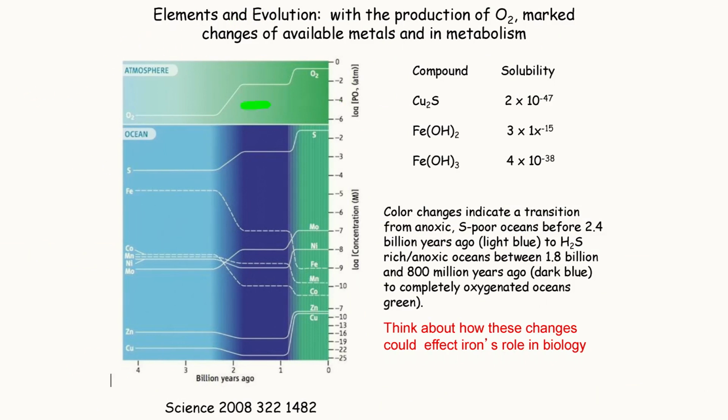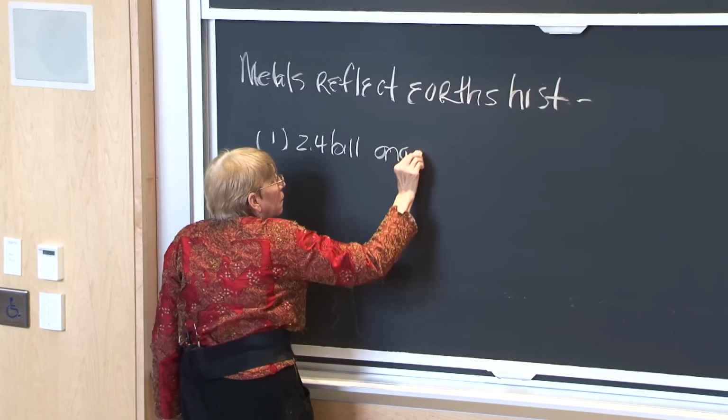So here's the gaseous environment with oxygen. In the very beginning, up to 2.4 billion years ago, it was completely anaerobic. Okay, and so is that important? So if we go to 2.4 billion, it's anaerobic.